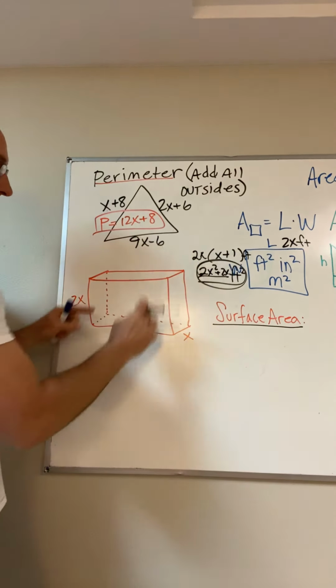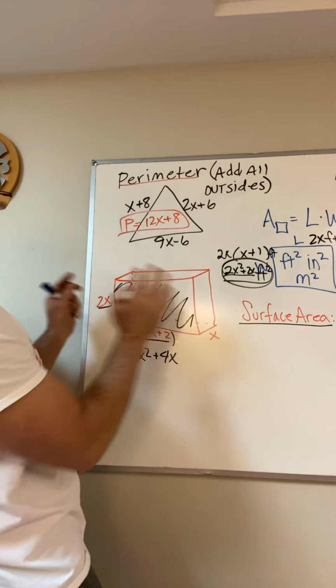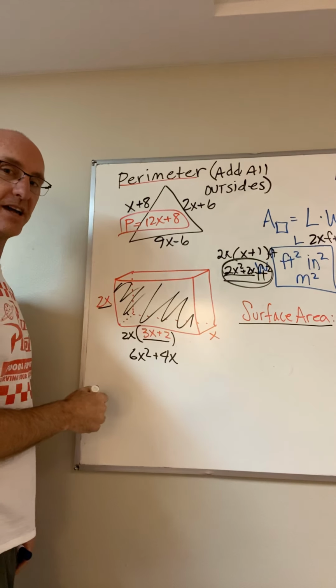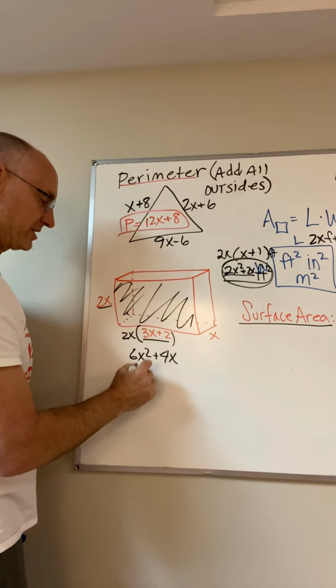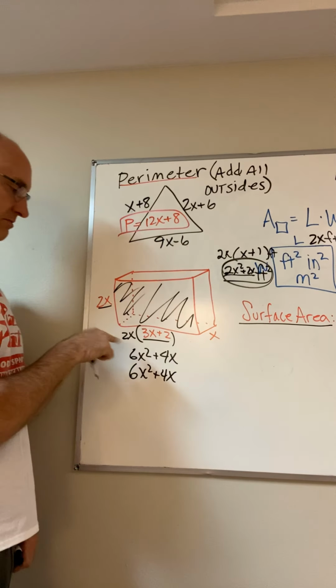For the front side, I go 2x times 3x plus 2. 2x times 3x is 6x squared. 2x times 2 is 4x. Hopefully that's a good little reminder about how to multiply. And then there's 2 of those, because I have this front side and one in the back that's exactly the same size. So I'm going to add that to itself.